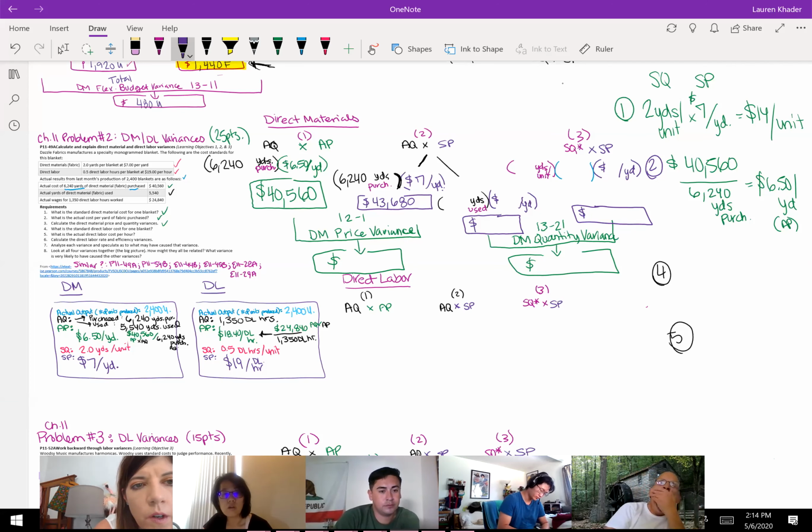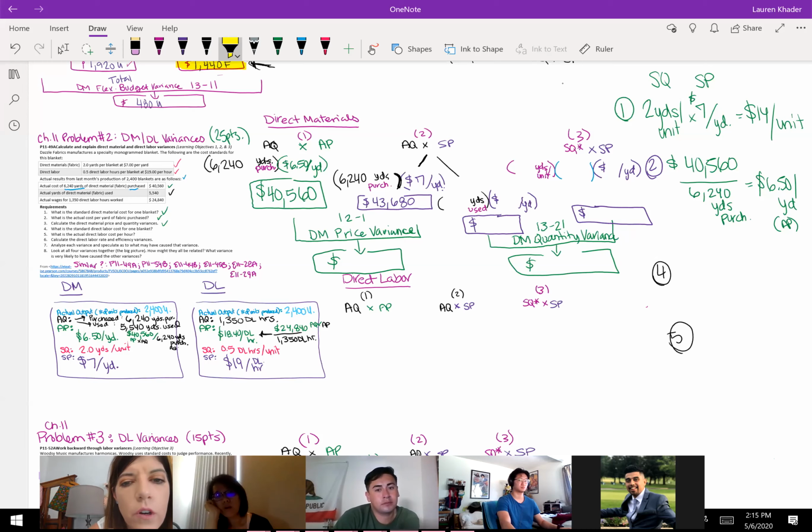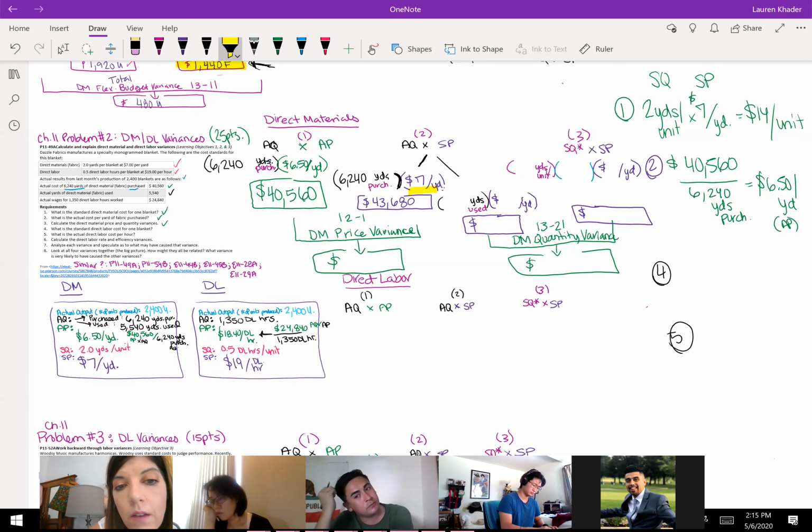For the price variance, what are we focusing on? What's held constant, so isn't changing? The yards purchased, the quantity purchased. So the quantity purchased is 6,240 yards. That's held constant. What we're focusing in on is the price that we paid. We should have paid $7 a yard.